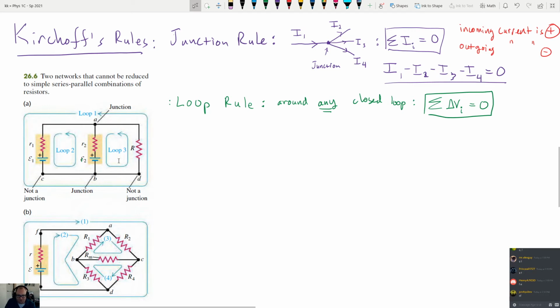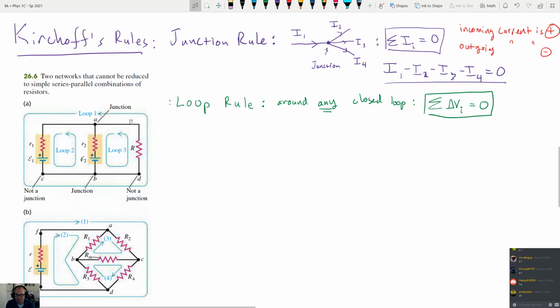On this picture, there are 3 loops drawn. Loop 1 starts, let's say, at point A, and it goes in this direction, all the way around the circuit and back to the same point. Loop 2 starts, let's say, right here, and it goes in a circle like this, counterclockwise.